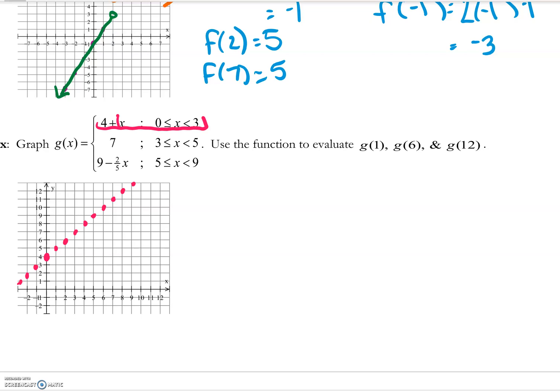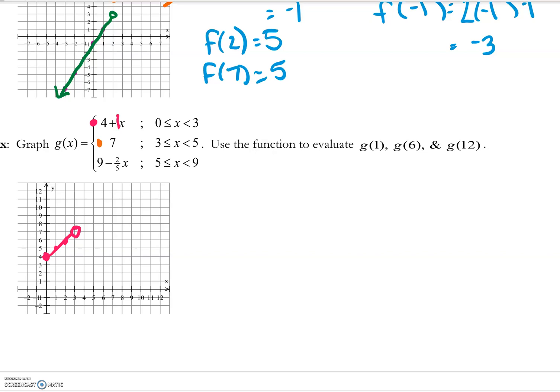It says that I'm only using 4 plus x for the x values in between 0 and 3. So if I start here at 0 and I end here at 3, I'm going to get rid of all of the extra dots that are outside of that. 0 gets a filled in dot, but this number 3 is going to get an open dot. And then I'll connect those.